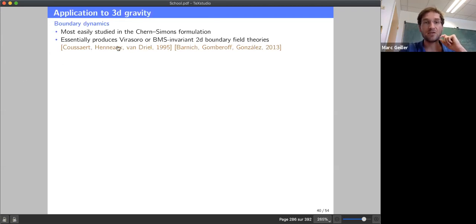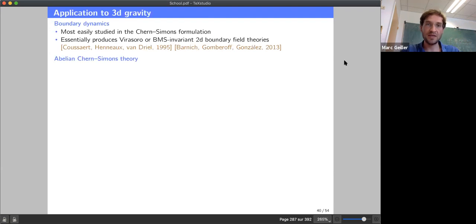So in the AdS case, we showed that the asymptotic symmetry algebra was a double Virasoro algebra, a pair of commuting Virasoro algebras. And in the flat case, it was the BMS3 algebra. So there is a way presented in these two references to write down Virasoro or double Virasoro or BMS invariant 2D boundary field theory. And this is most easily done by using the Chern-Simons formulation.